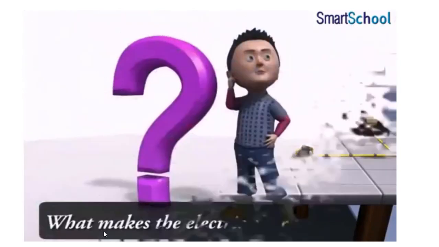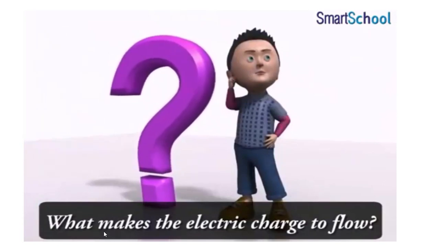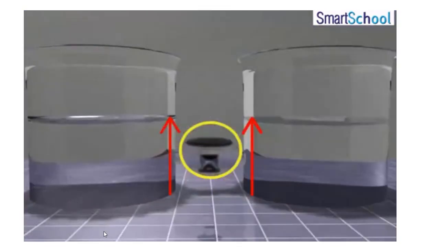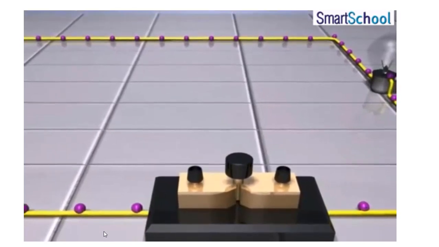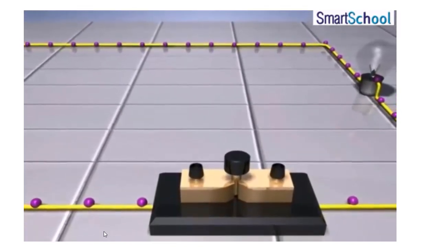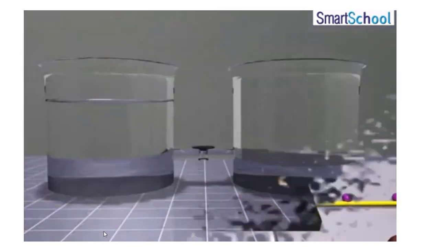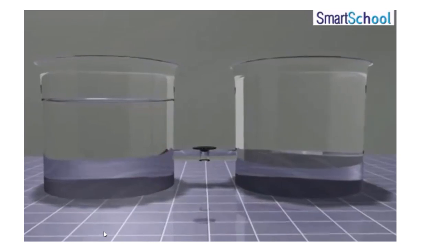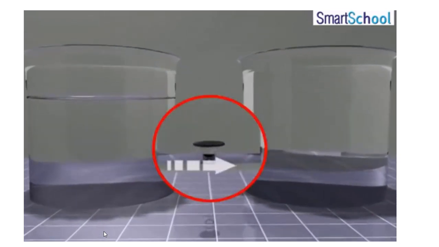Now, do you know what makes the electric charge flow? Well, charges do not flow by themselves. Just as the water in a perfectly horizontal tube does not flow, charge in a copper wire or any other conductor does not flow by itself. When one end of the tube is connected to a water tank kept at a higher level, such that there is a pressure difference between the two ends of the tube, only then the water flows in the tube.